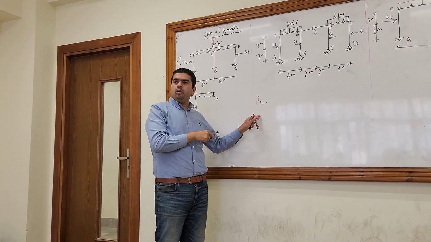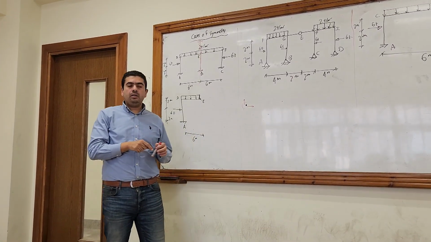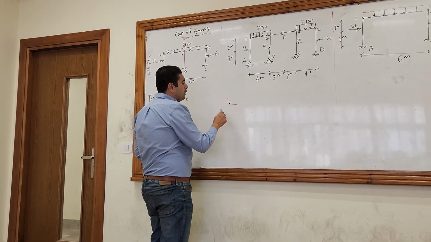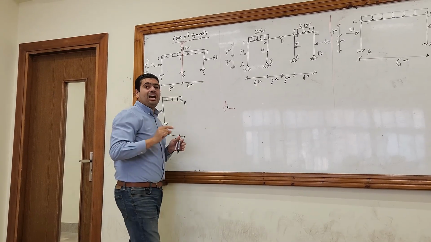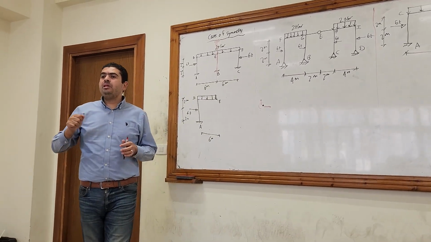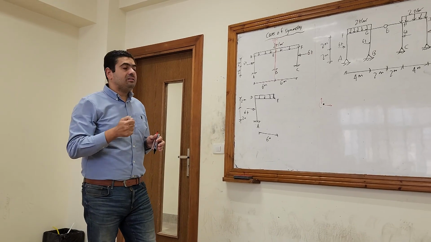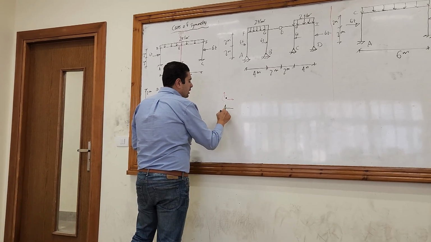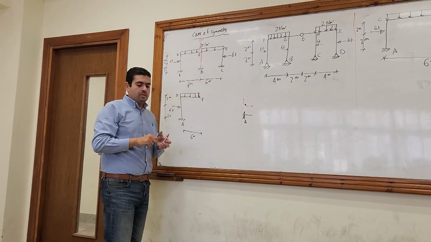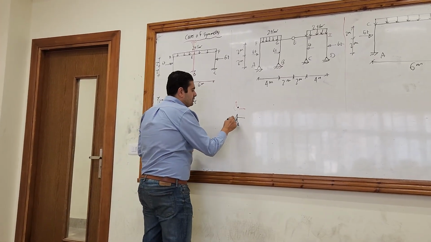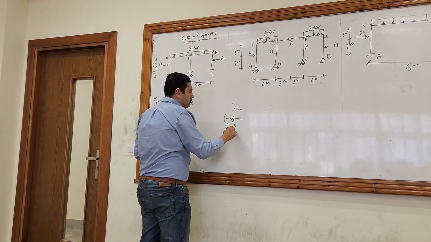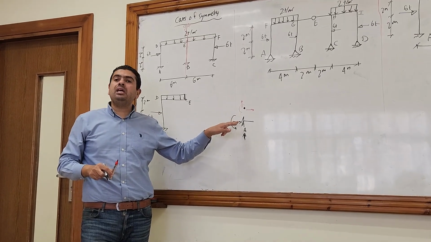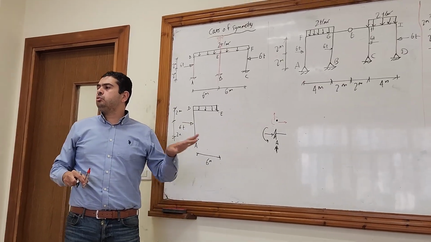As we talked before, at the beginning of the term, I told you that any reaction eliminates the displacement. If I'm talking about point A, and A is a fixed support that has X and Y and moment reactions, then the displacements at point A, all of them, are equal to 0.